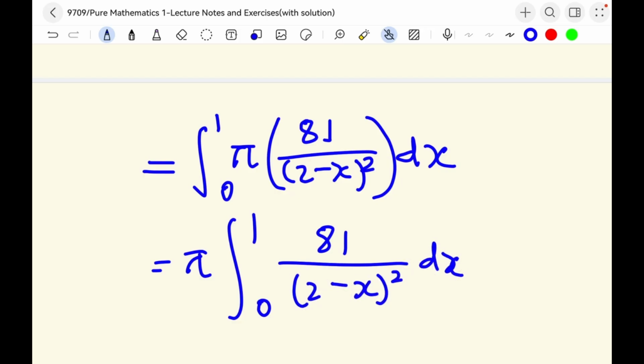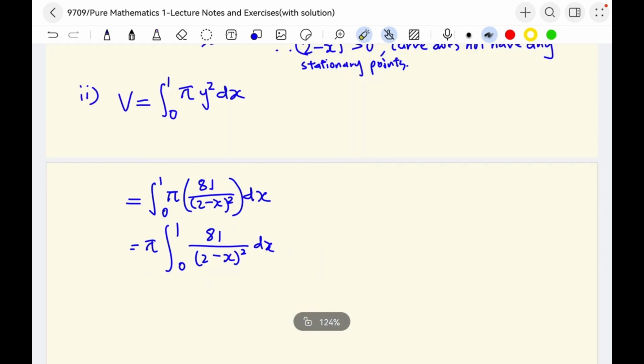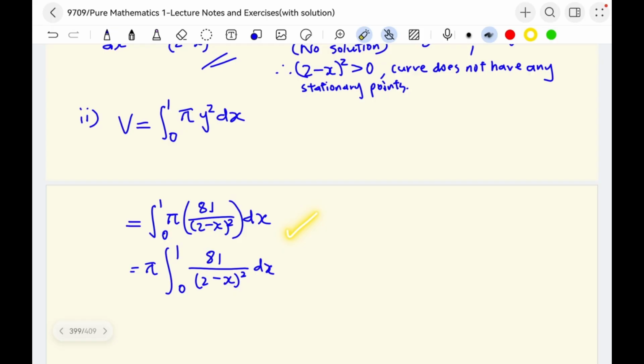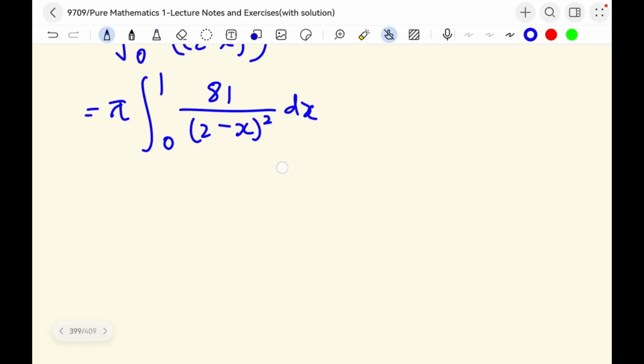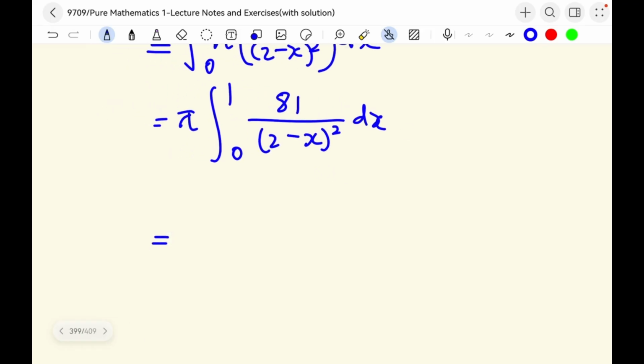So until this step, you are able to get at least 2 marks. Why? First, you apply the formula, then you substitute inside, 1 mark. Square it up until you get this form, another 1 mark. Integrate, 1 mark, limit, 1 mark, and 1 mark for the final answer. Okay? Of course, each mark has its unique criteria.